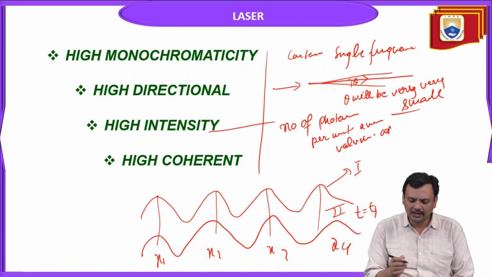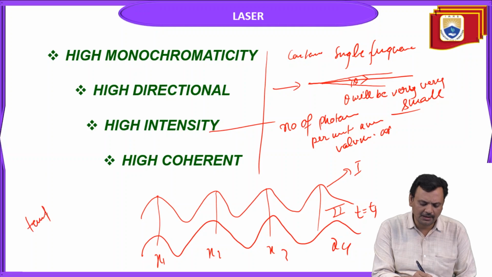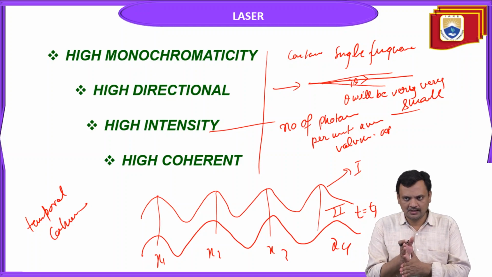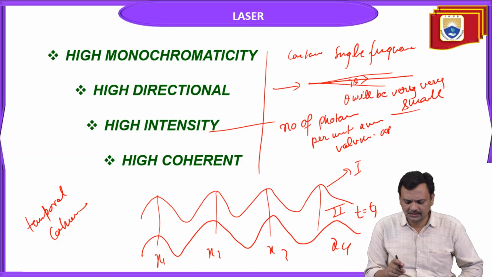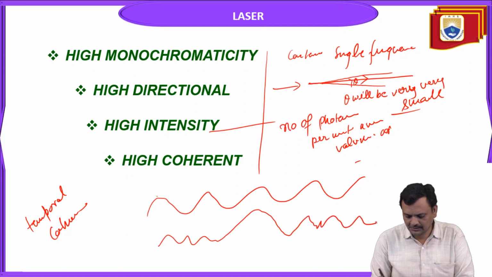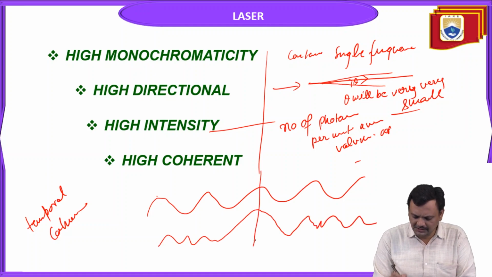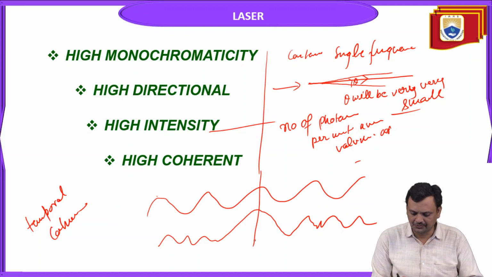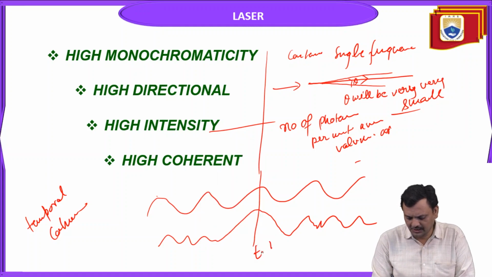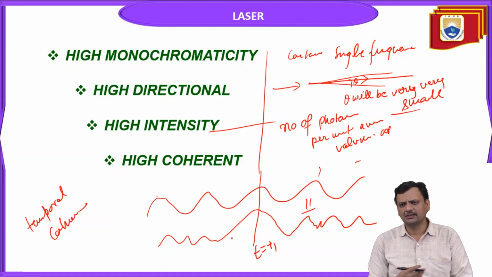Now, there is another type of coherence known as temporal coherence. If the phase matches at a particular time, not over all space, see here, at this moment of time, if you record the picture of these two waves, at time t equal to t1, both the first and second wave have a nearly same phase.